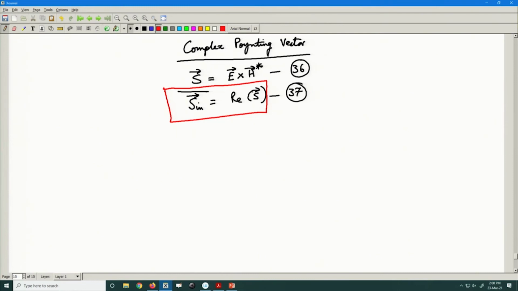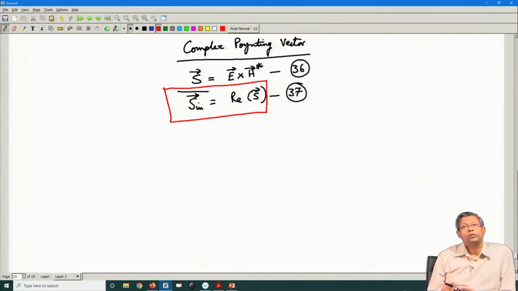So, after we have discussed the complex Poynting vector, let us now rephrase the power conservation theorem as we learnt in the instantaneous domain.